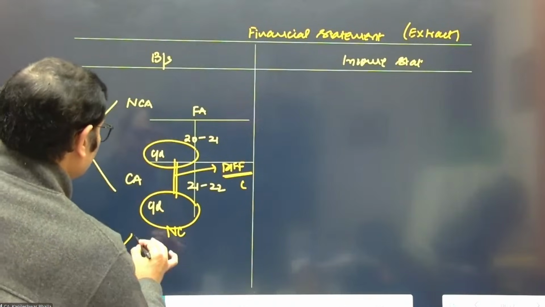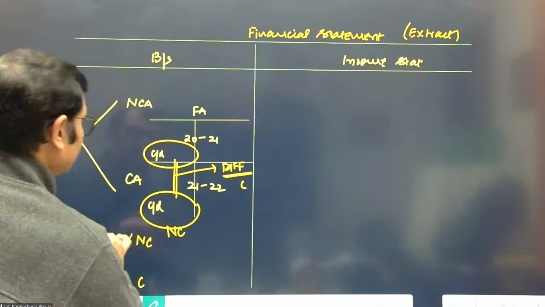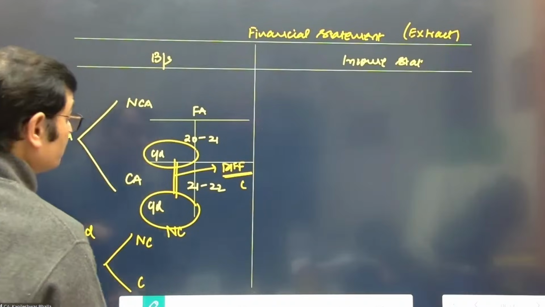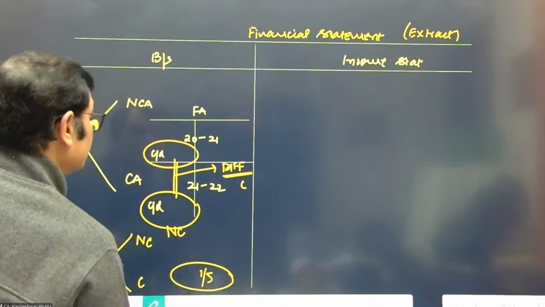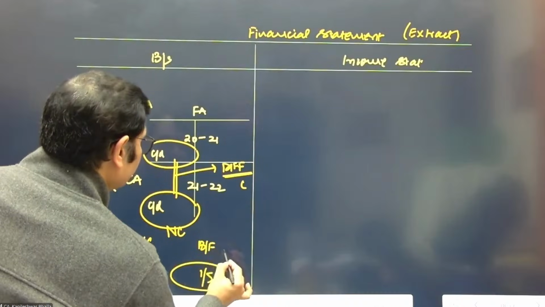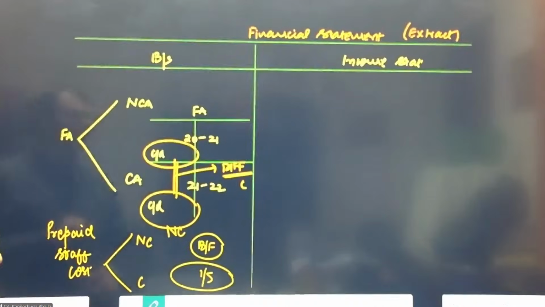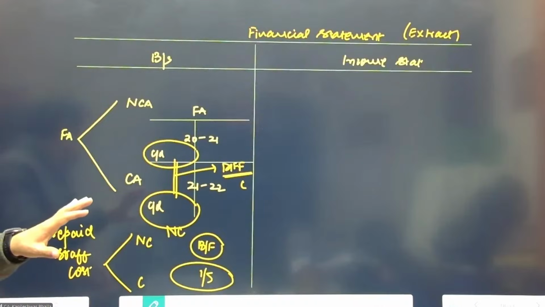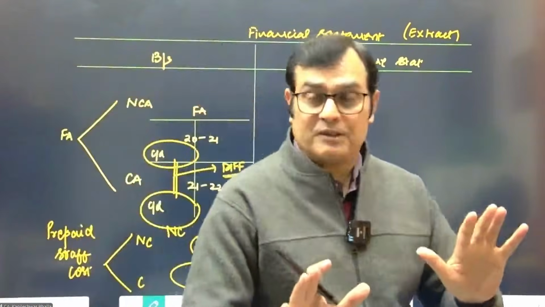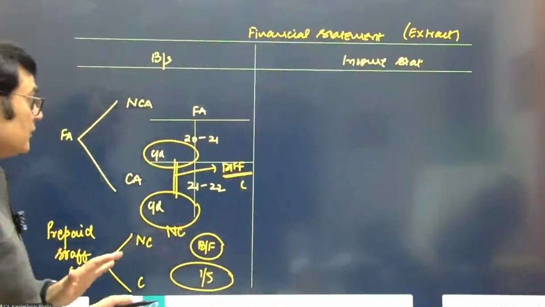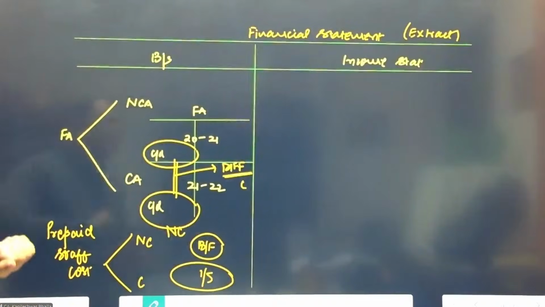That's right. So we will split this again in terms of current and non-current. So in this particular case, you can say that 1/5 is going to be current. The rest, whatever is the balancing figure, that's going to be non-current. Right. I hope you don't want me to calculate the figures, because that could take a little time. But I hope if you get the concept, that's fine. So this is how the balance sheet extracts will be prepared.